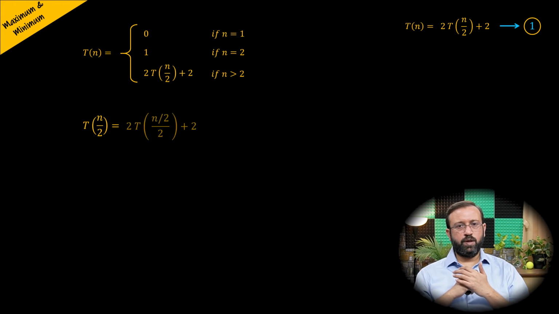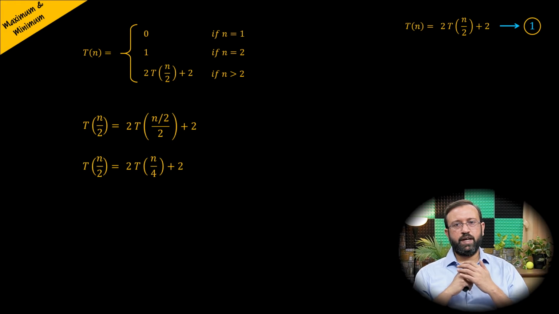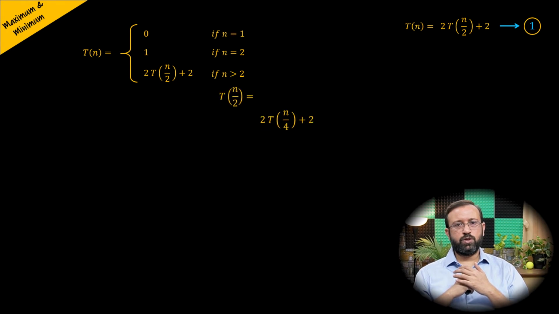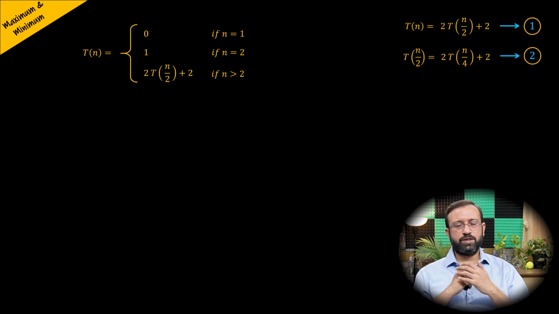t of n by 2 will be, we just have to substitute n by 2 in place of n. So we will have t of n by 2 equal to 2t of n by 2 in place of n divided by 2 and then plus 2 from the original expression, which is equal to 2t of n by 4 plus 2. So this becomes our second equation.